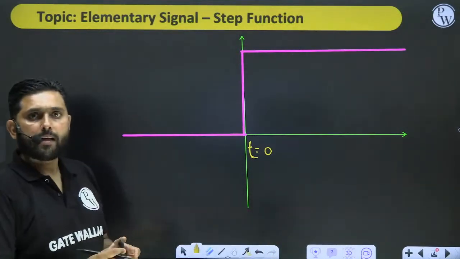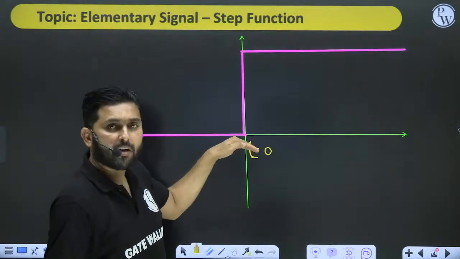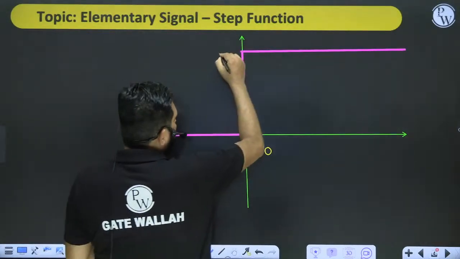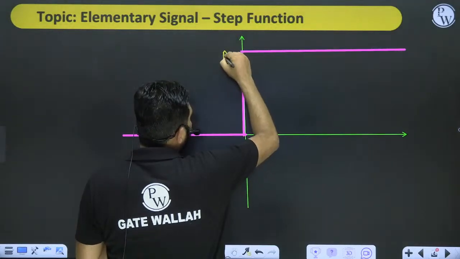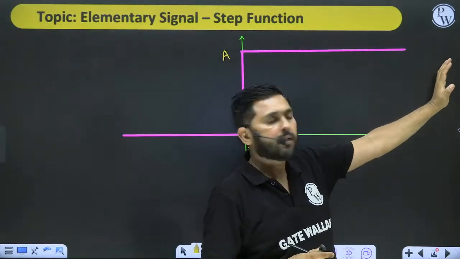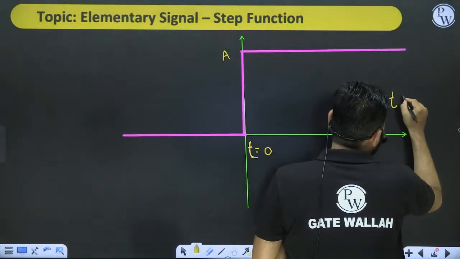For t less than 0, the function is 0. At t equal to 0, the function jumps to a certain height. Let's consider this height as A, and then after that it maintains its height for t greater than 0.